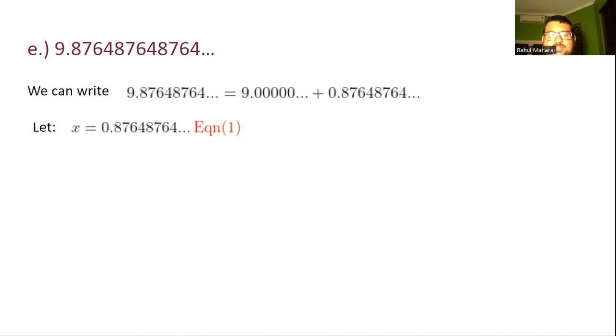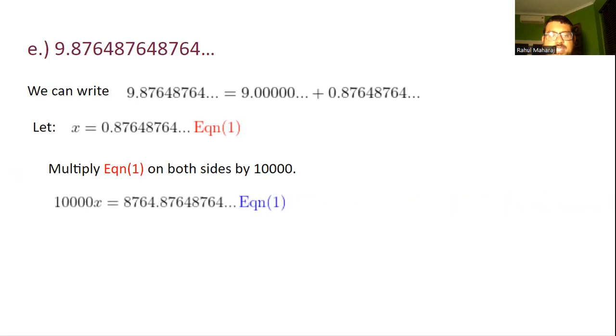Since we have 4 digits repeating, what we're going to do is multiply both sides by 10,000. And if we do that, we'll have 10,000x is equal to 8,764.87648764, which we can call equation 2.